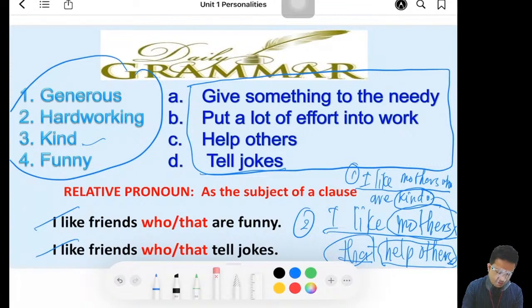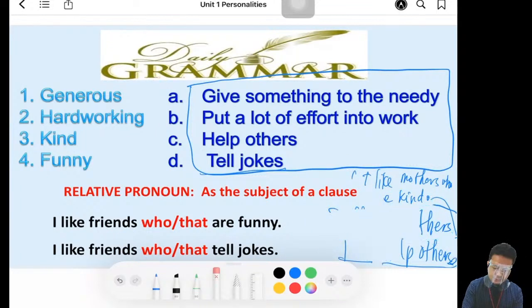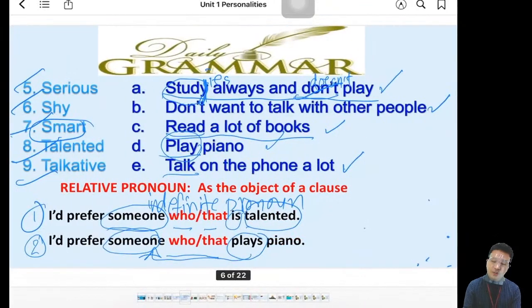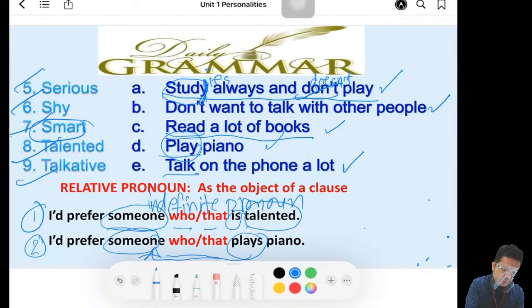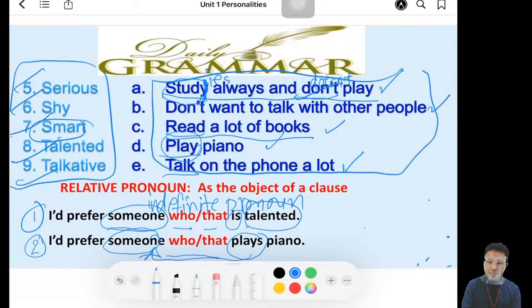Now let's go back to another set of examples. A while ago, you learned how to use these vocabulary words in sentences, and you also learned when to use these meanings in sentences.